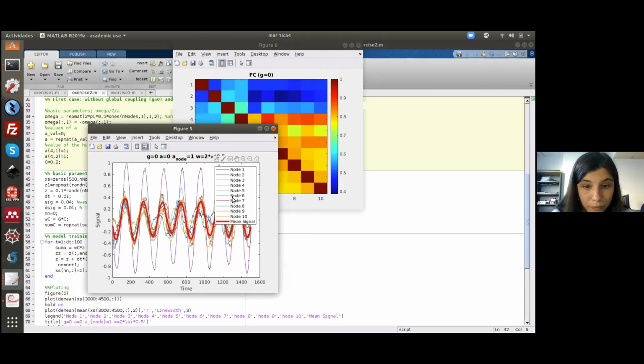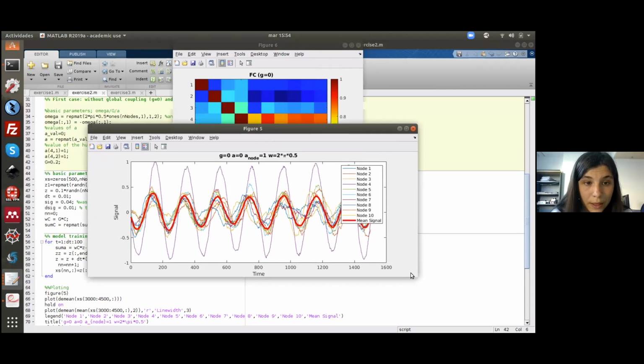Again, the node 4, that is the hub, will show oscillations, and the rest, because of the influence of the hub, are going to change their dynamics. As you can see here, before we saw random dynamics, where each of the nodes had different signals. Here you can see that the signals are more similar. They start having some oscillation because of this coupling and because of the influence of the hub.